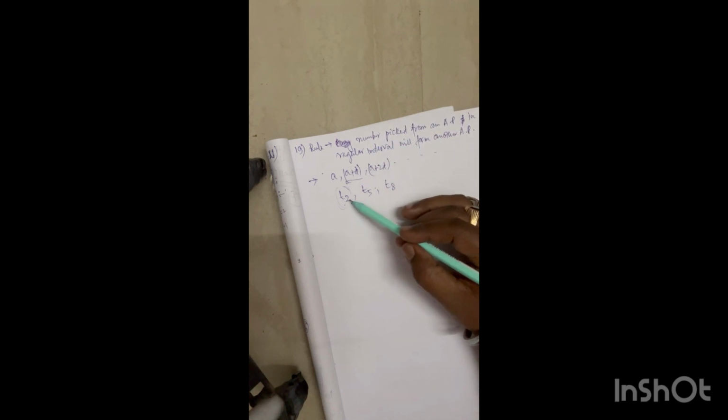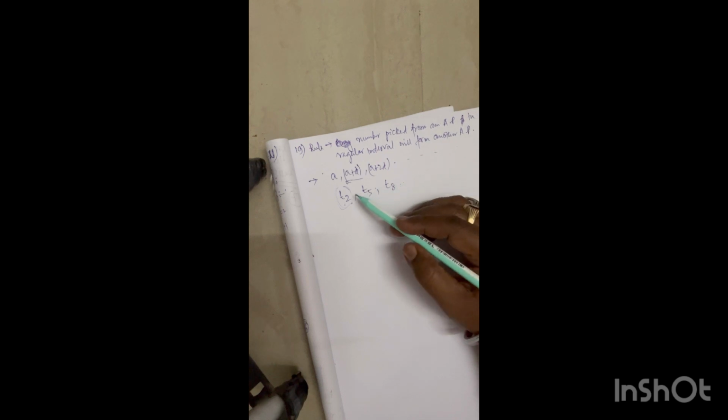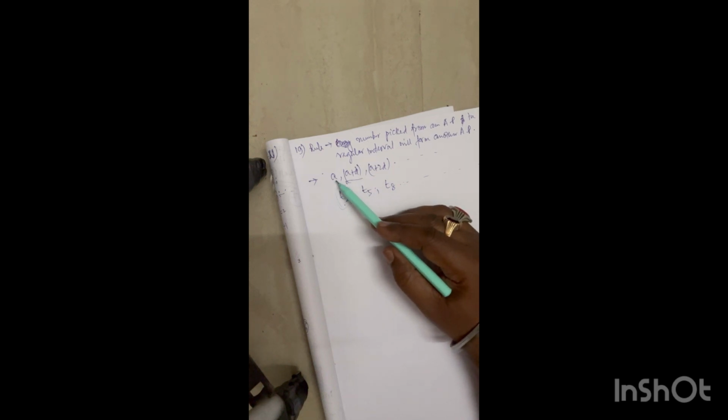Now if I pick like that, I pick t2 first, then t5. If I arrange the numbers as they are, the series it forms will also be an AP. That has to be proved. Let me explain one more time. I have one AP series, and from there I am picking numbers at regular intervals starting from any number.